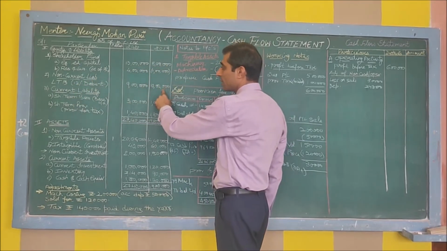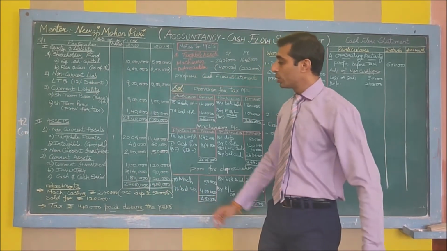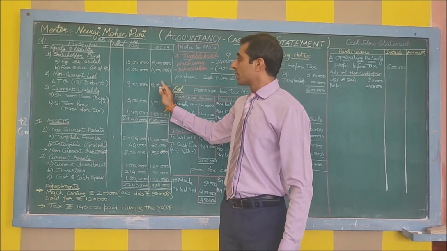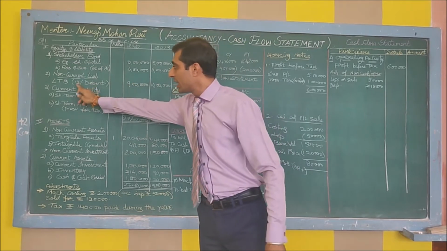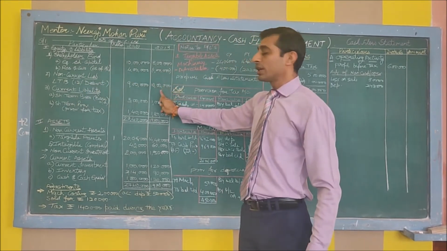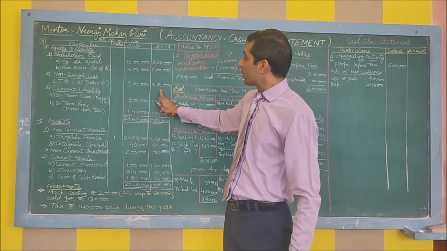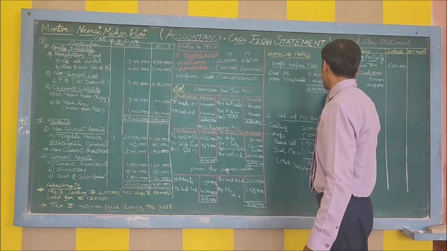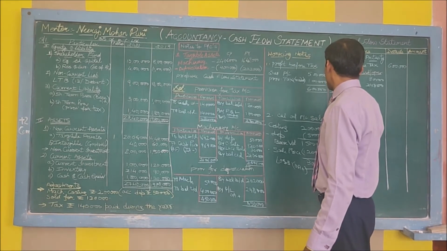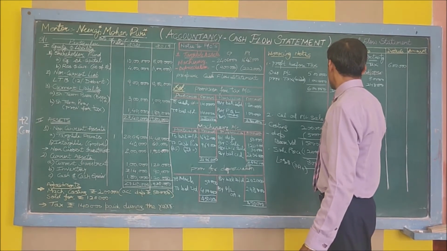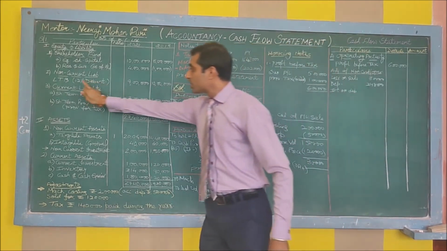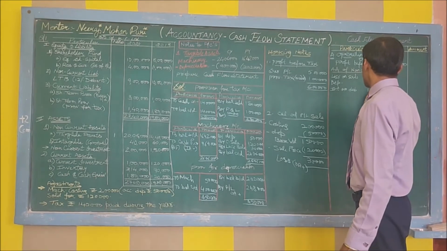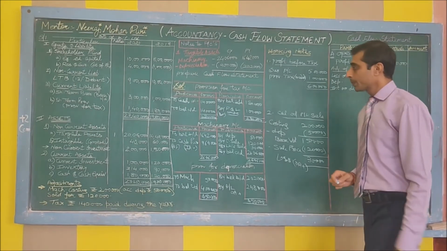Calculate it on the previous year because there is no adjustment told about the redemption. Therefore, it is assumed that we made the redemption at the end of the year. Principal will be 10 lakh and 12% of 10 lakh will be 1,20,000. This is to be added here and the title is interest on debentures. We calculated 12% on the previous year value. Answer is 1,20,000. This is a positive value.